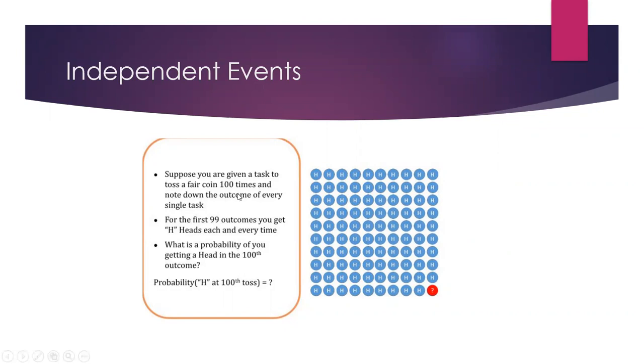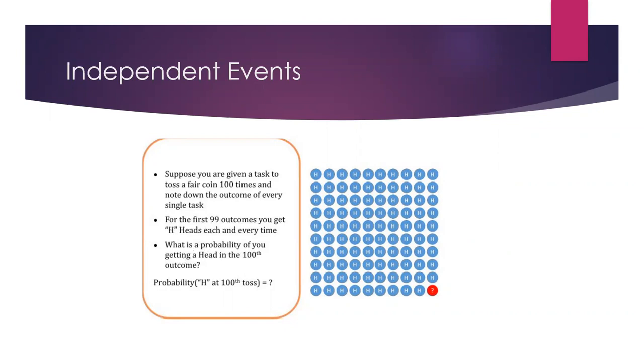Outcome means here it could be either head or tail. But here the question is that for the first 99 times you are getting head. So now the question is, what is the probability to get head in the 100th outcome?